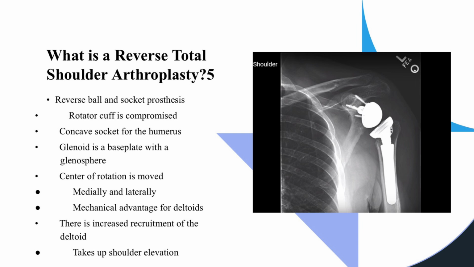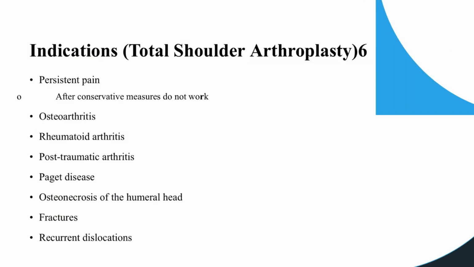Giving it a mechanical advantage helps with increasing overall movement and recruitment within the deltoid, to allow the prosthesis to be set up correctly and take up slack from where the rotator cuffs have been damaged and compromised, mainly within the shoulder elevators.